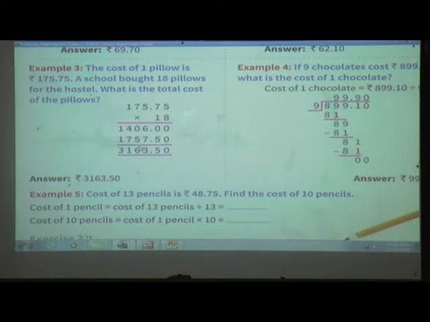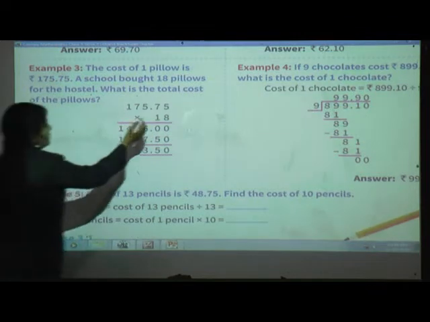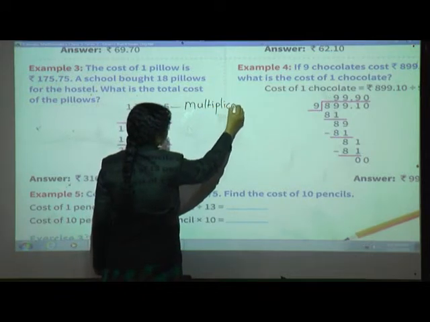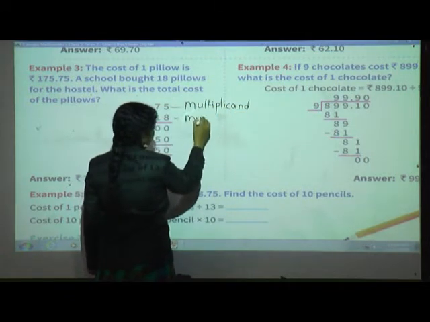Now remember, students, always give the proper decimal point. How to give the decimal point? We'll see now. For writing the decimal point, the number of decimal places in the product is equal to the number of decimal places in the multiplicand plus the multiplier. Here this one is the multiplicand and here is the multiplier.